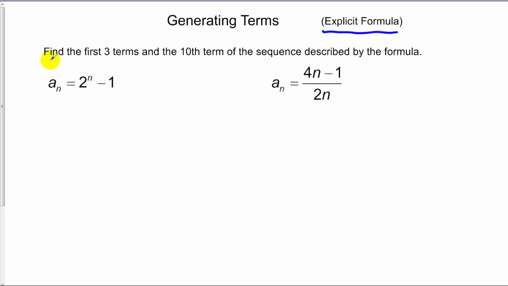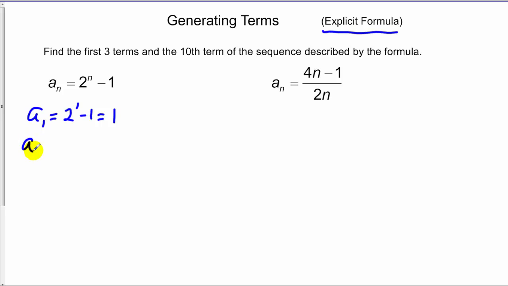For instance, if I want to find the first 3 terms and the 10th term in the sequence described by these explicit formulas down here, all I really need to do to find the first term is say, I want n to represent 1. So a sub 1 represents my first term, and therefore every n is going to have a value of 1. So this is 2 to the first minus 1, which is going to equal 1.